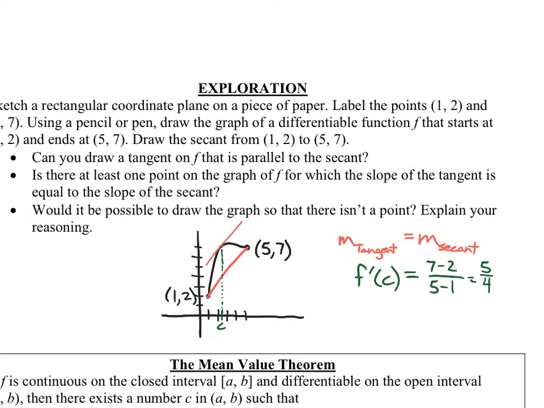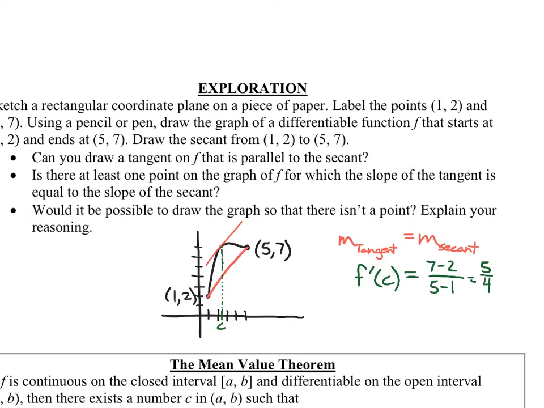Now, this actually has an application. What we just found when we did the slope of the secant line is the average rate of change of the function on that interval.